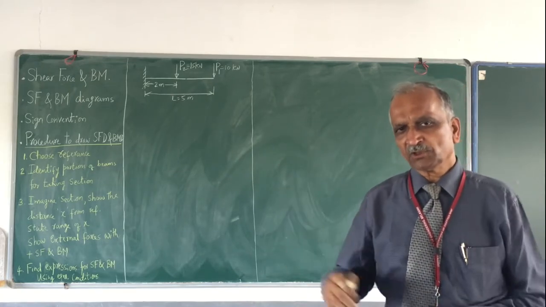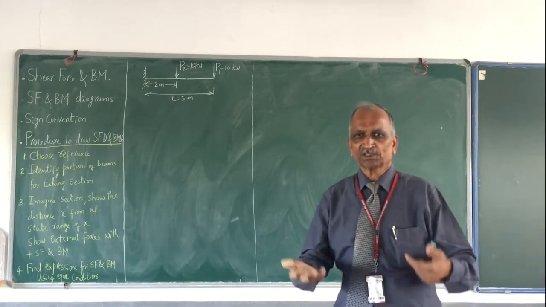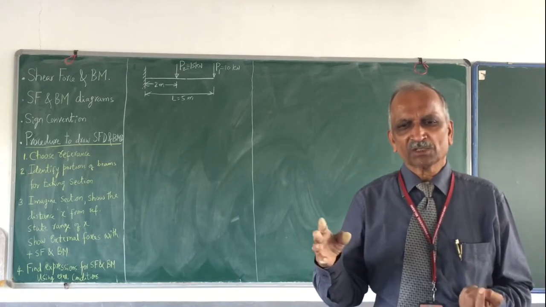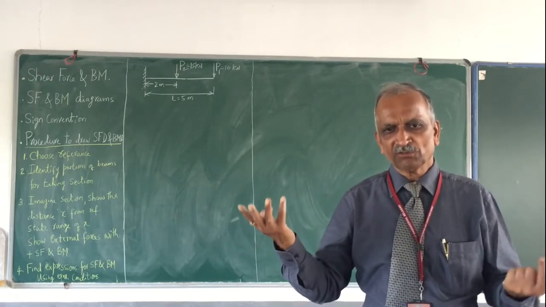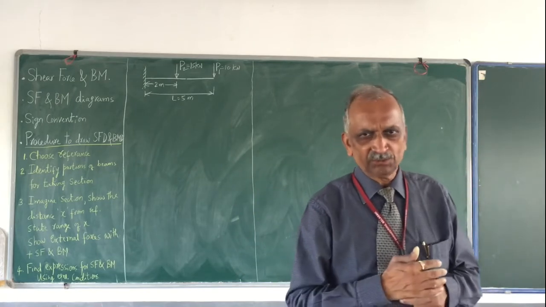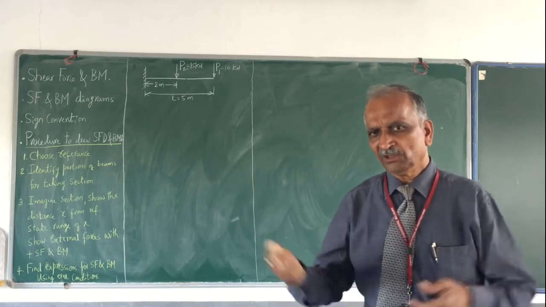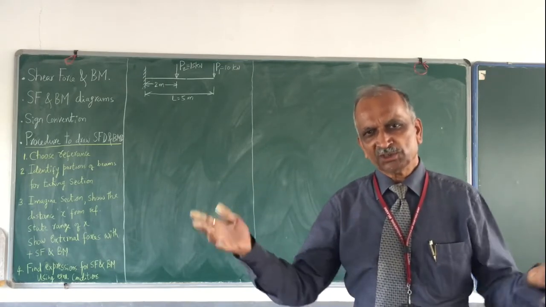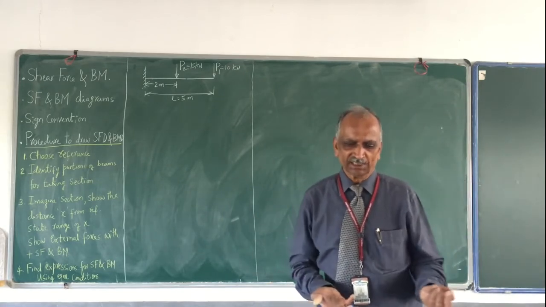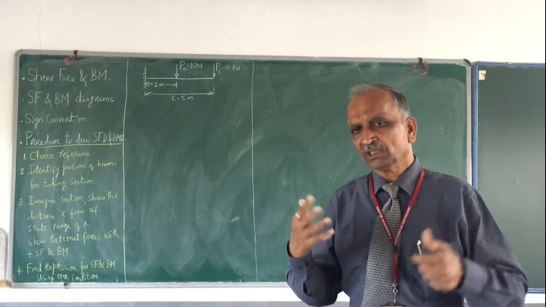These are the three types of beams we intend to study, and the beams are going to be subjected to different loads: a point force, a uniformly distributed load, or a uniformly varying load, which is also called a triangular load. We may also have a moment applied. These are the different loads we are going to have.